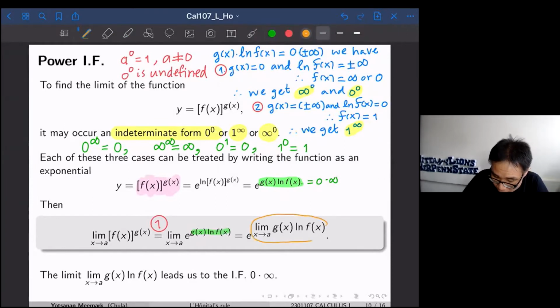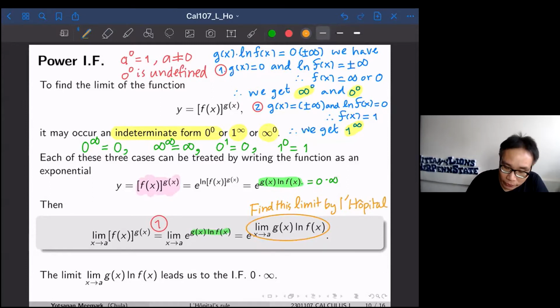This one is your second step. So find this limit by L'Hopital. Okay, so that's fine. This one is number 2.